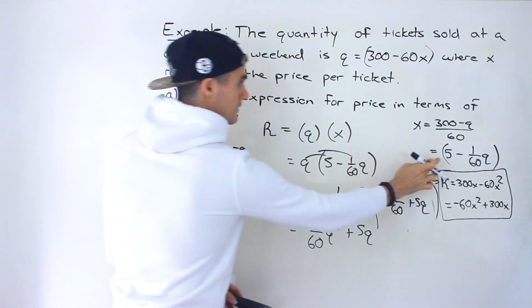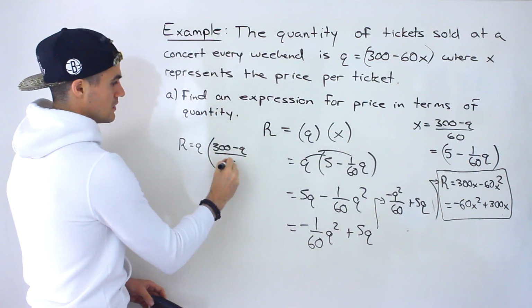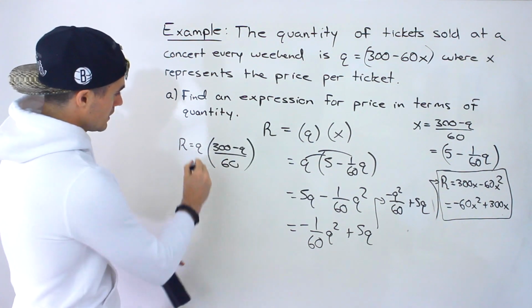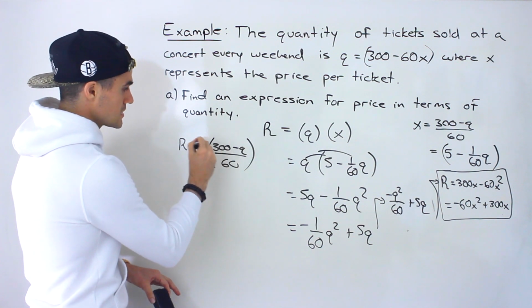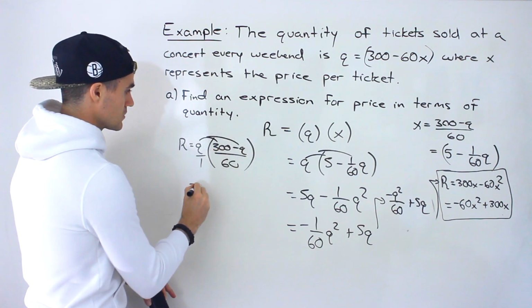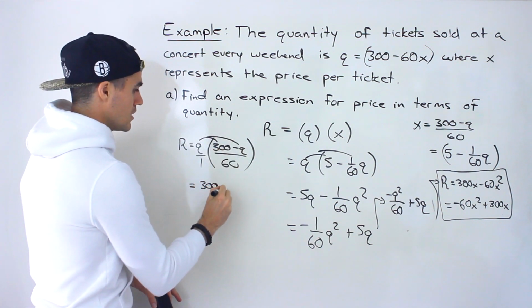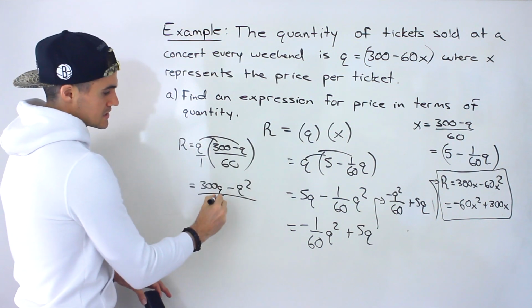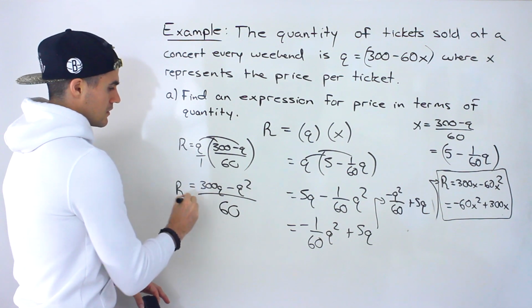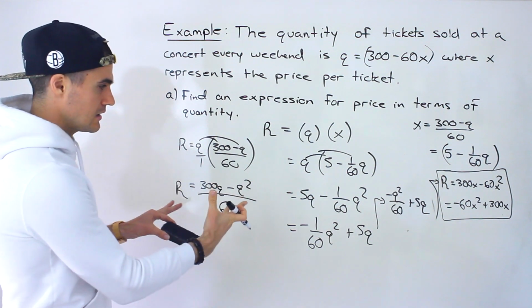So instead of plugging in this expression, if we plug in this, it's like q over 1, right? So q times this, we've got to expand that q in here, so it would be 300q minus q squared over 1 times 60, which is just 60. Okay, so this is not really expanded, right?